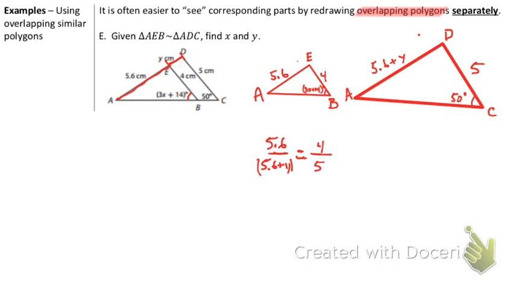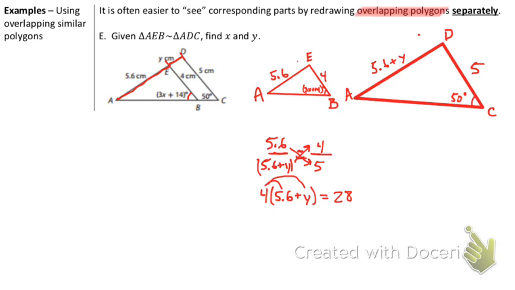I can now cross multiply to solve. I want to multiply this first. If we do this properly, it's going to be 4 times 5.6 plus y equal to 5.6 times 5, that gives me 28. And now we are going to solve for y. We're going to distribute the 4.